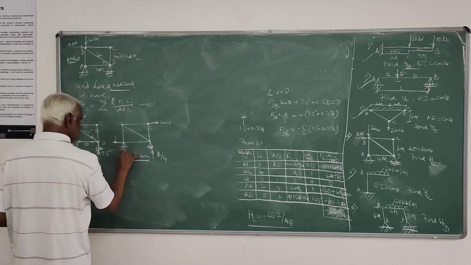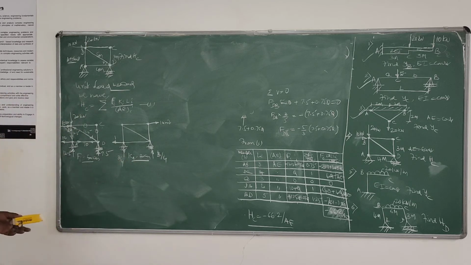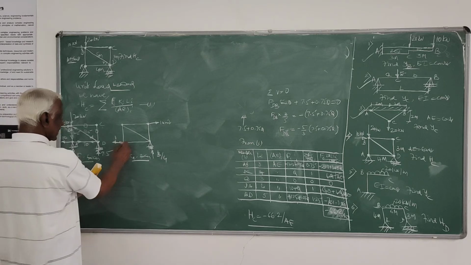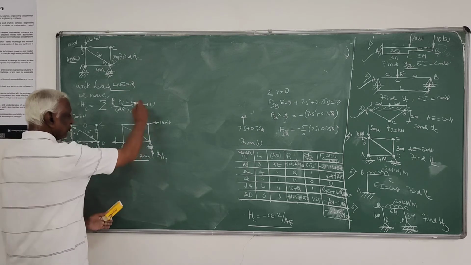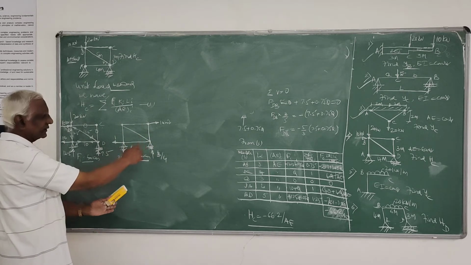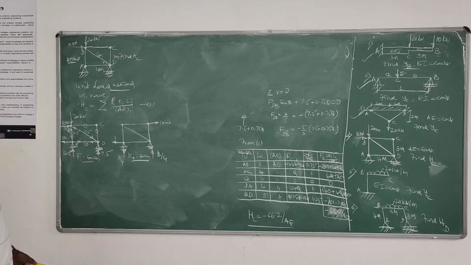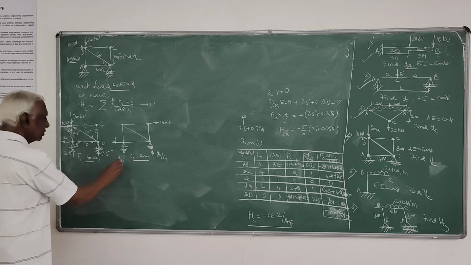Here, 1 minus this has to be 3 by 4 down. Right? Because now you see this 3 by 4 down, this 3 by 4 up. This gives a moment equal to 3 by 4 into 4, that is 3, which is nothing but the applied moment 1 into 3. Yes. 3 by 4, 3 by 4.